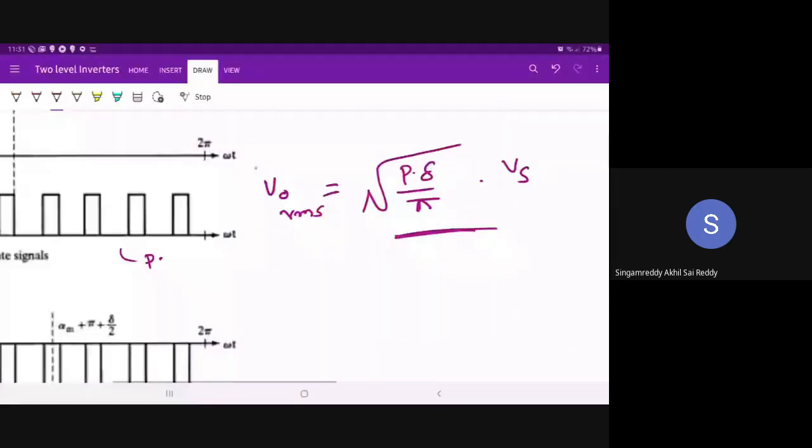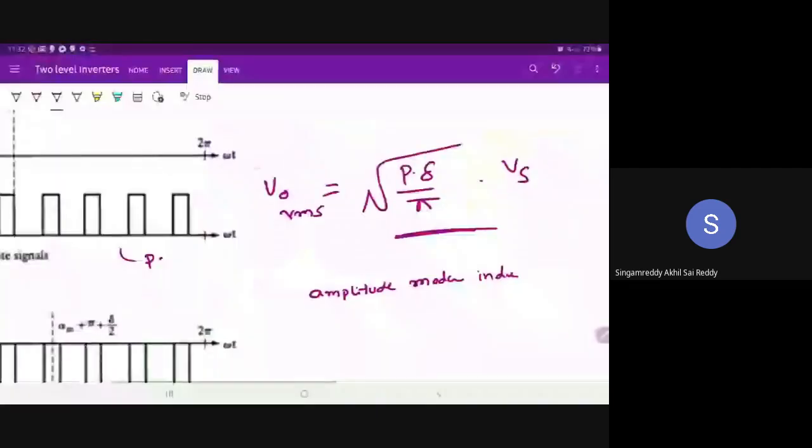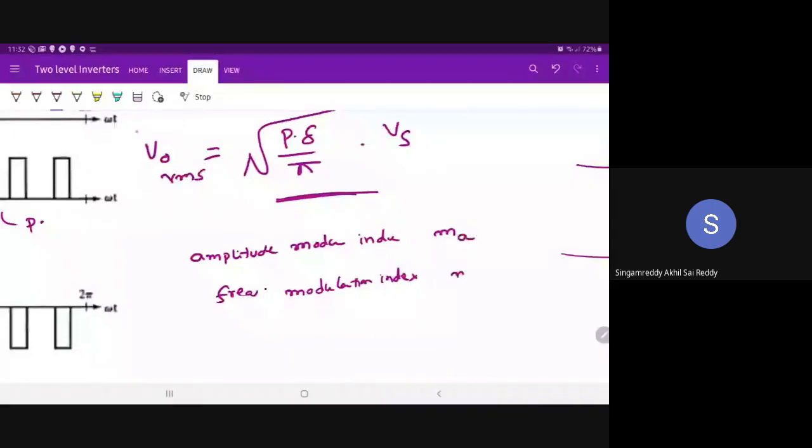One more thing, we can define two terms: amplitude modulation index and frequency modulation index. The amplitude modulation index is denoted with MA and the frequency modulation index with MF.